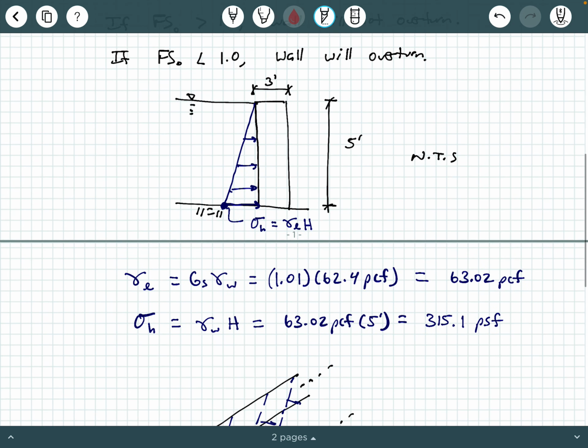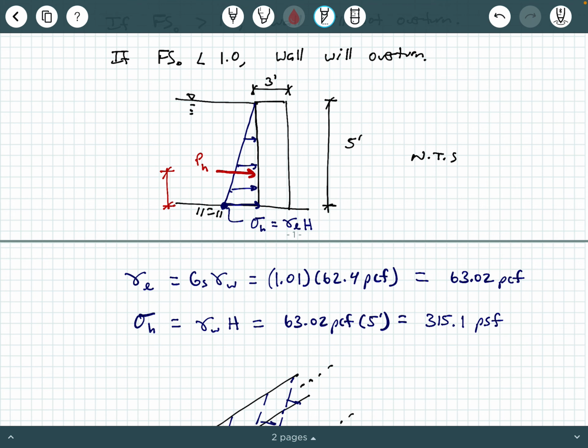Well, if we look back at our original figure, we know this is a triangular shape because hydrostatic pressure is linearly increasing, okay? So we can have a resultant hydrostatic force right here. I'm going to call that P sub H. And that's going to be located at the centroid of the pressure distribution. So what's the centroid of this pressure distribution?